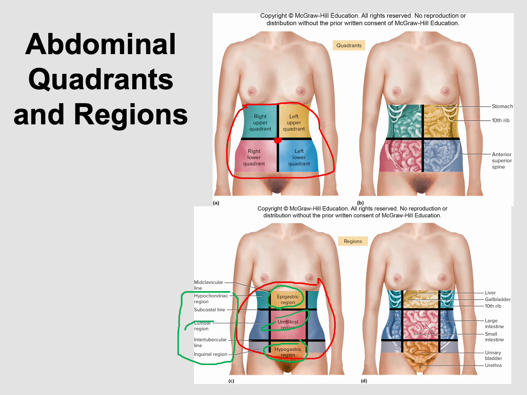Then you've got the lumbar region, which is in reference to the lumbar vertebrae. Then also you've got the inguinal region, which is in reference to the inguinal ligament. Those regions are both on the right and left. So for example, you've got right and left lumbar regions, and right and left inguinal regions, that the anatomists use to divide the different regions in the abdominal.